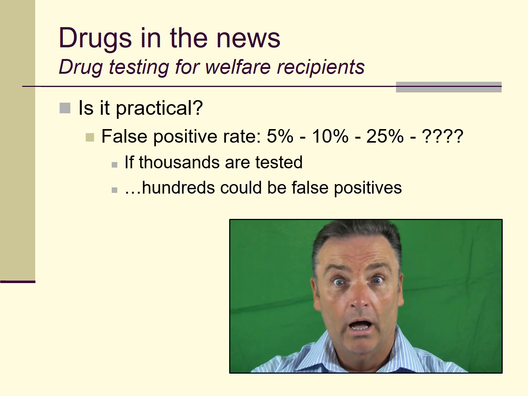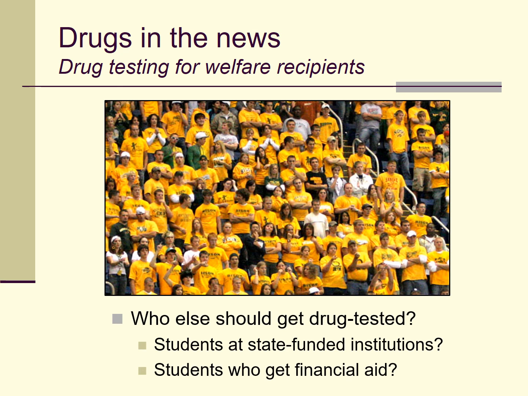Again, if I'm doing this in class, I often try to ask the question to my students, who else should get drug tested? If we're concerned about people using government benefits who might also be using drugs, does that mean we should test students who are at state-funded institutions like NDSU? All of you are receiving a government benefit by going to a university which is subsidized, at least in part, by the state. Should we test faculty?